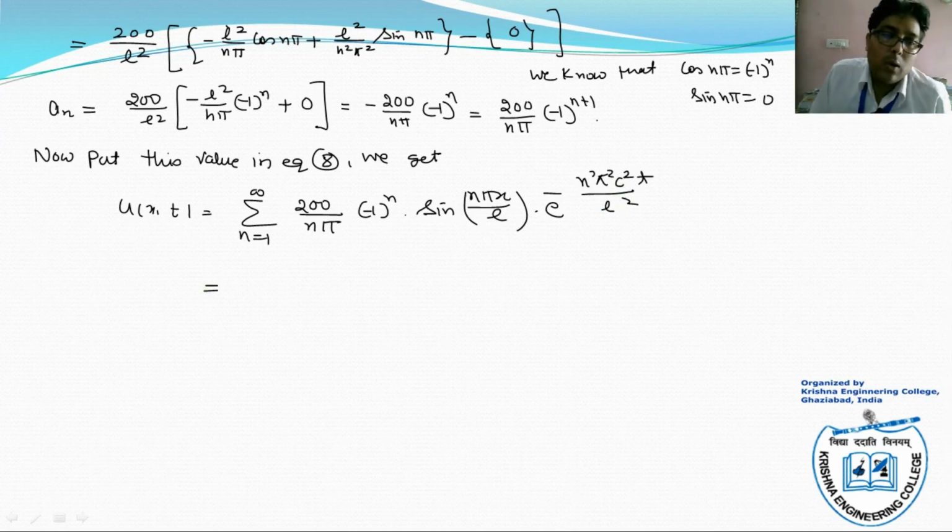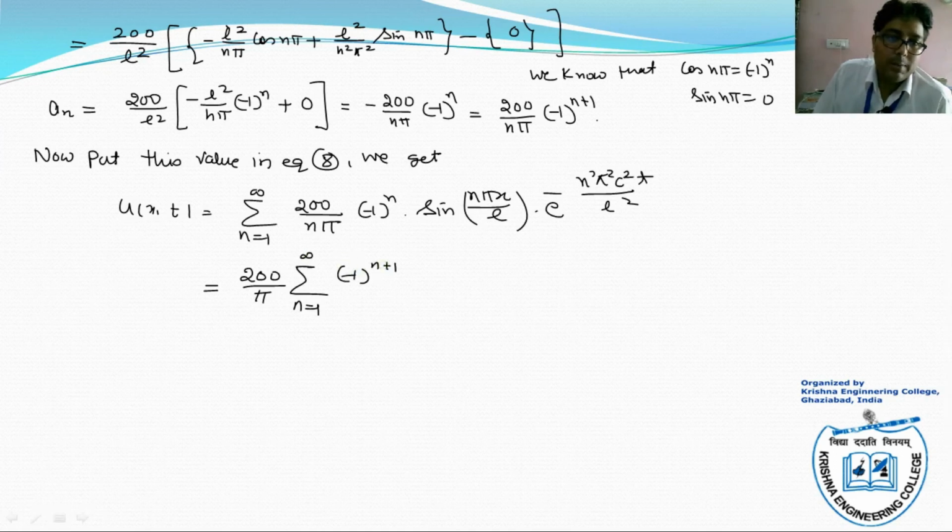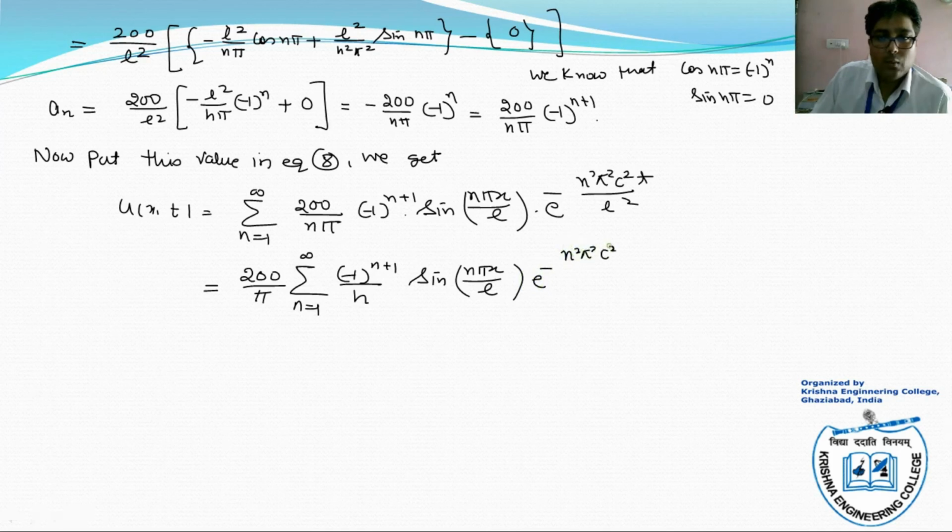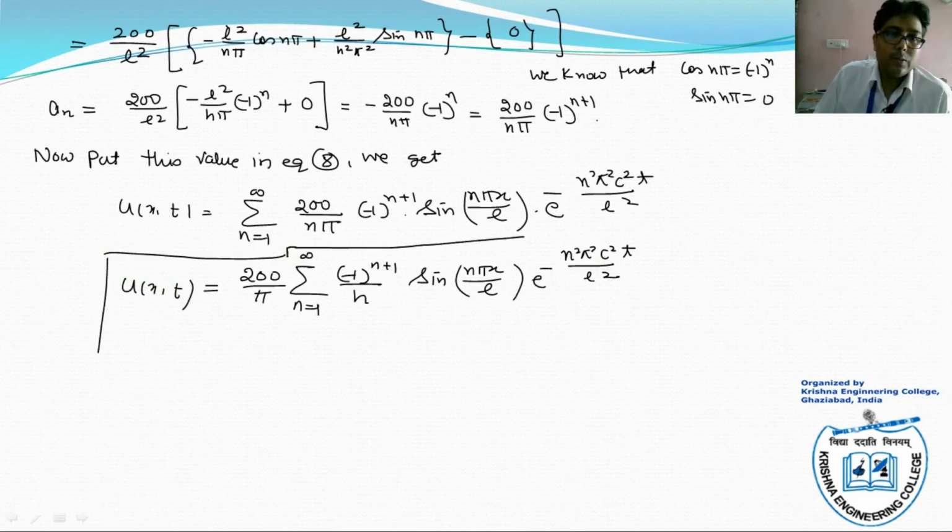So here 200 upon pi is constant, so we take this term 200 upon pi outside the summation. So we get summation n is equal to 1 to infinity, minus 1 to the power n plus 1, upon n, sin(n pi x by l) into e to the power minus n square pi square c square t upon l square. This is the required solution of the given problem.